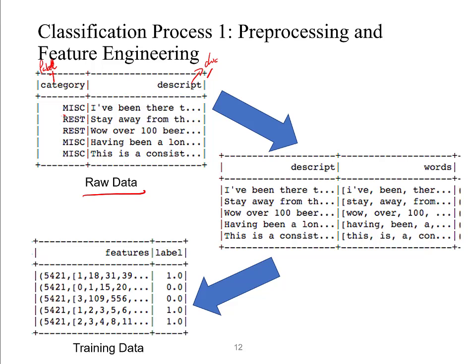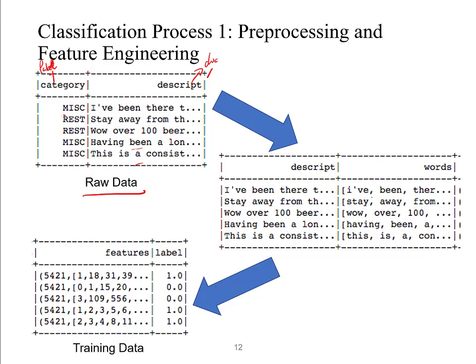So the task is to predict the topics of the sentence or the document. These are the sentences. As the first step, in this example, we first do tokenization.